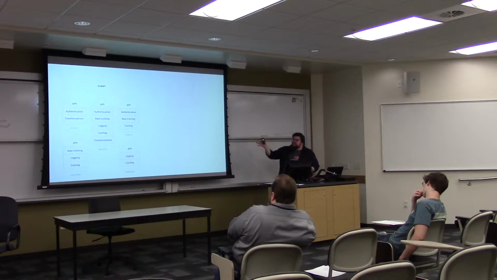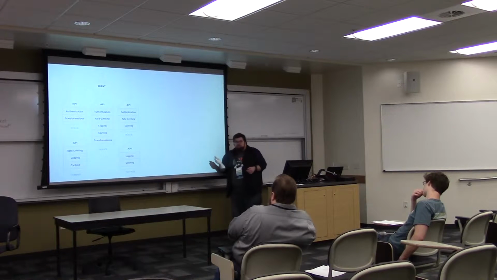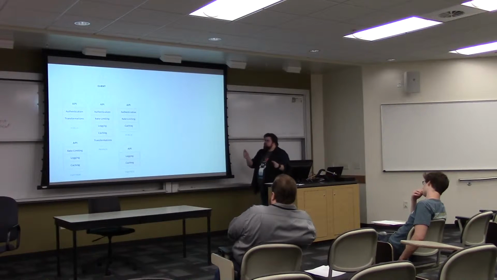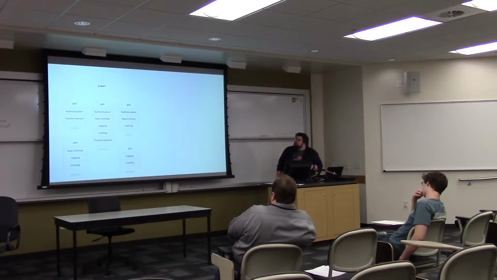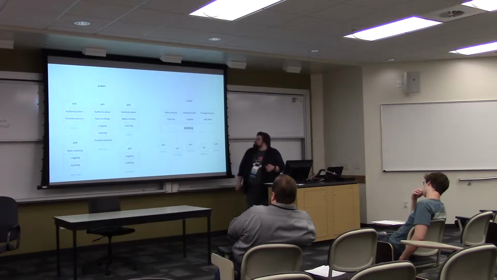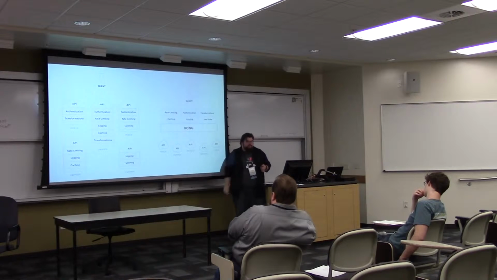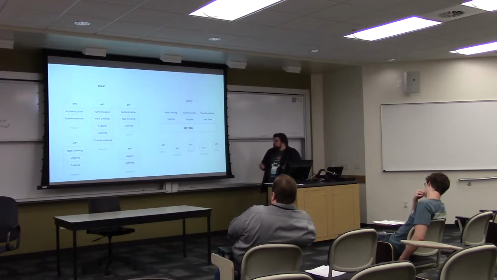So instead of looking like this, where it's distributed and a lot of duplicated code, your API infrastructure ends up looking like this, where you have all of them in a centralized location, and then once they've gone through Kong, it can then hit individual API endpoints as needed.